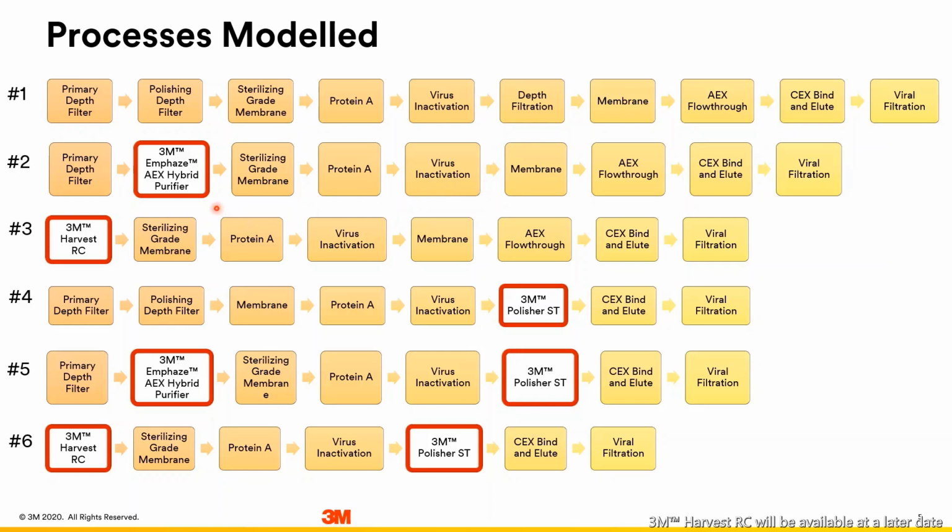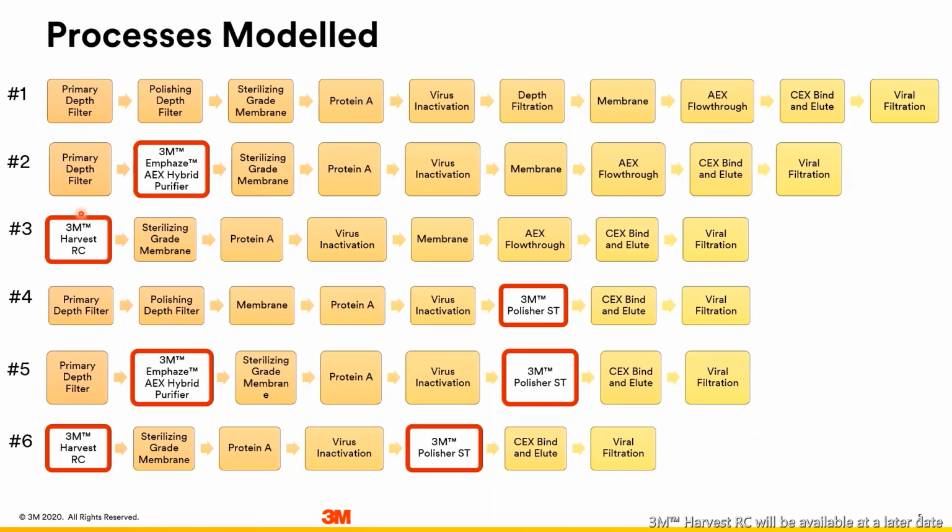The next process we looked at was further condensing the clarification with 3M Harvest RC, which is the product that I introduced to you a few slides ago. And that again is a single step anion exchange flow through clarification technology.